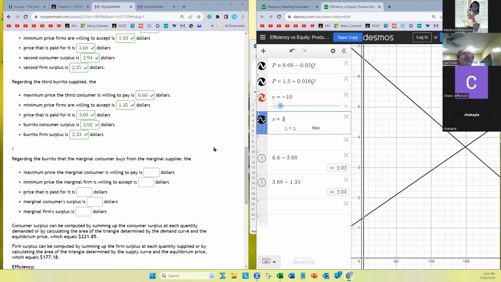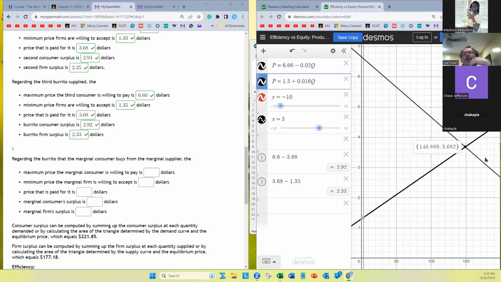All right, so regarding the marginal consumer and the marginal buyer, who's the marginal buyer and who's the marginal supplier? Well, that is out here. The marginal consumer is the consumer that is willing to pay exactly the market price.